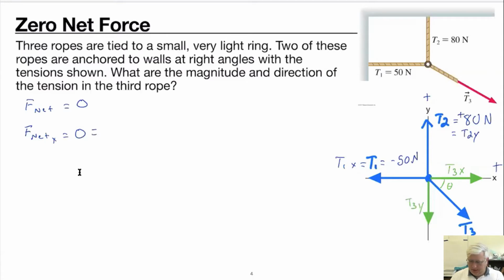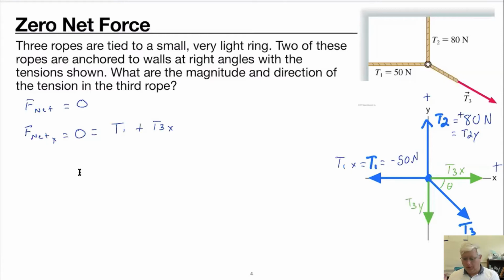And so what is that? What are all of the forces along the x-axis? Well, we know there's T1 and T3x. That's it.